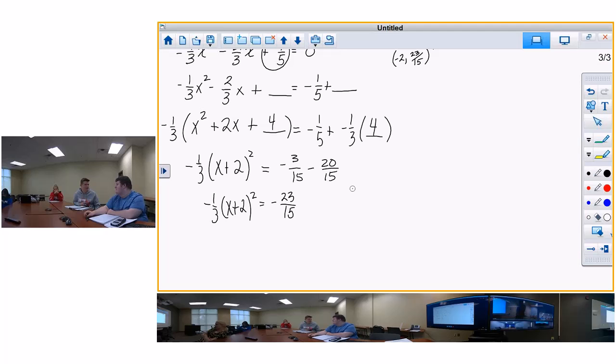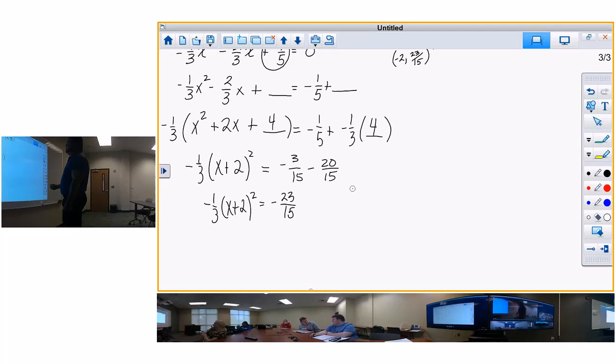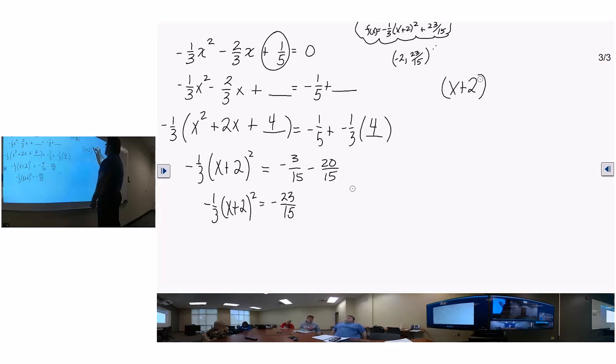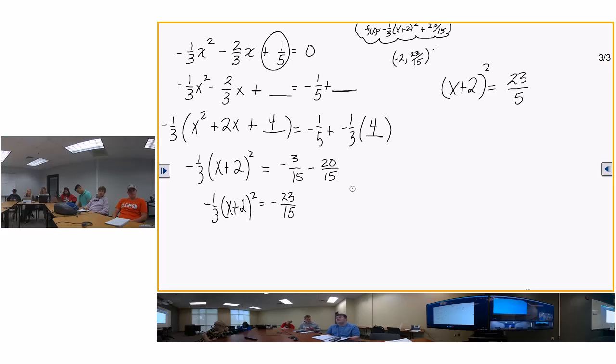So, divide by 1/3, multiply by what? 3 over 1 will give us 23 over 5, right? Yeah. So x plus 2, quantity squared, is equal to 23 over 5. Take the square root.